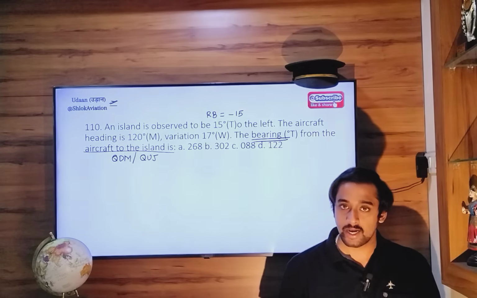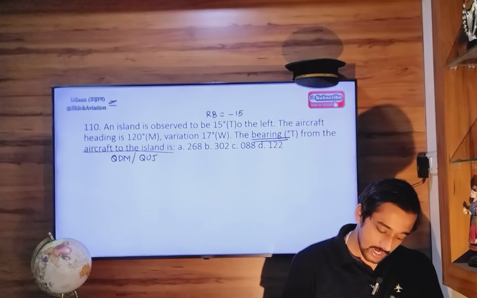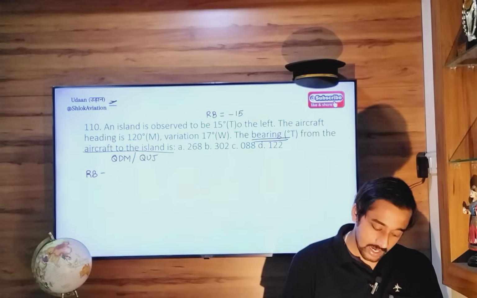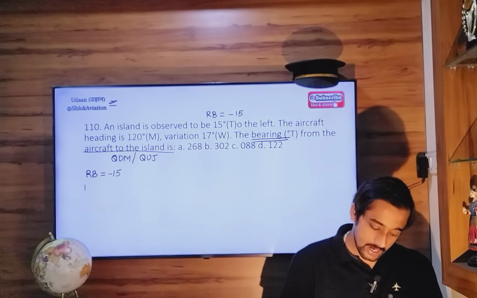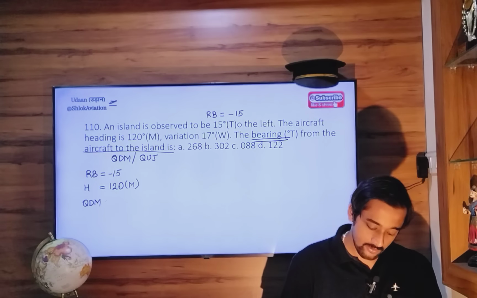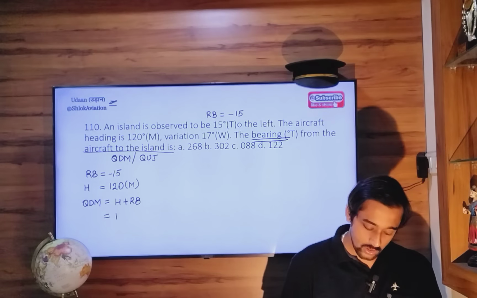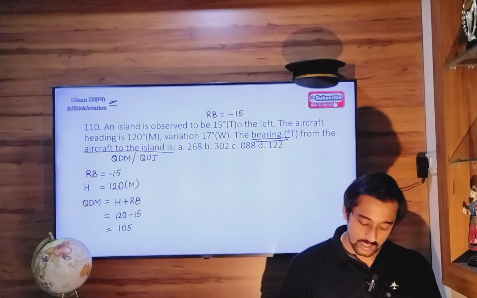We will start with finding QDM first. Relative bearing is minus 15, heading of aircraft is 120. So QDM from the aircraft to the island will be heading plus bearing, 120 minus 15, 105. This is magnetic.